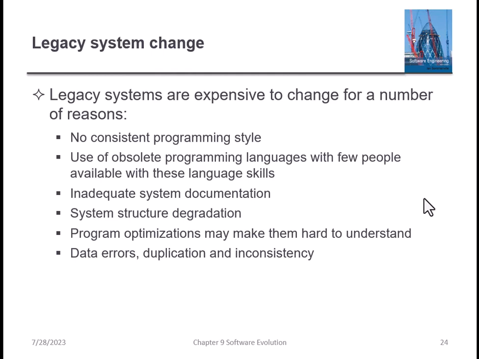Another reason is the use of an obsolete programming language, with few people available with those language skills. Inadequate system documentation means documentation is either lacking or not proper. System structure degradation: program optimization may make systems hard to understand.